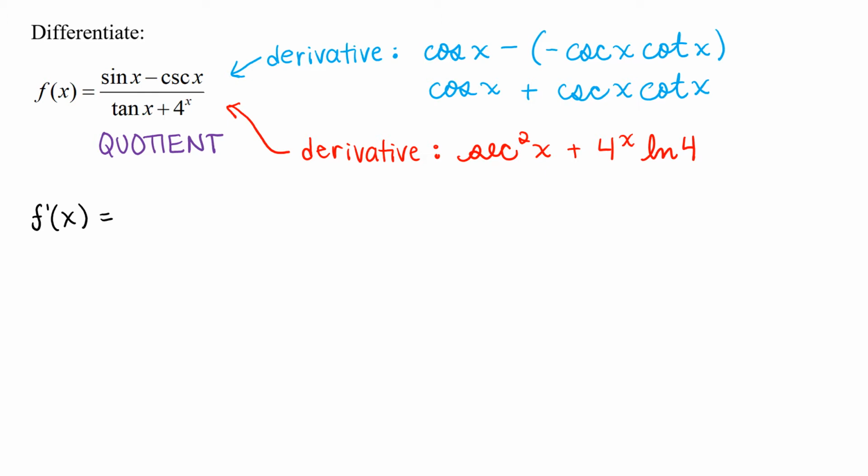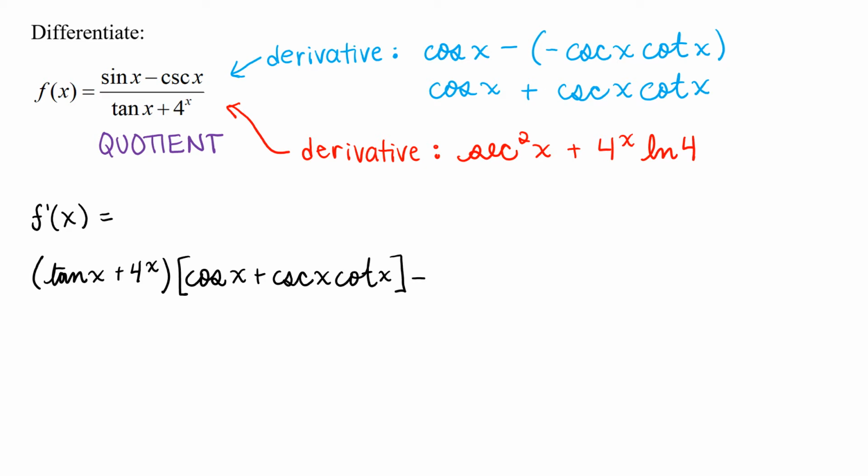This will be equal to low, so tangent x plus 4 to the x, d high, so the derivative of our numerator, which we found was cosine of x plus cosecant x cotangent x. So we have our low d high.